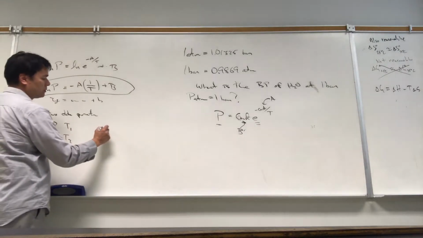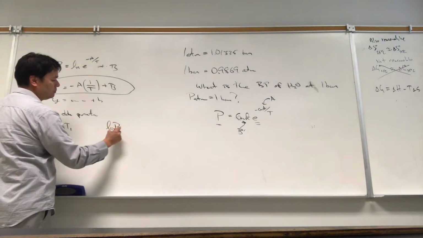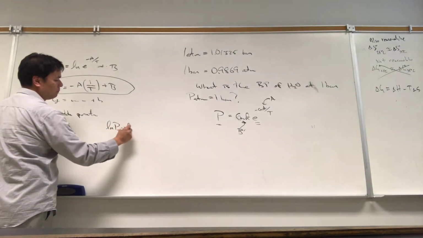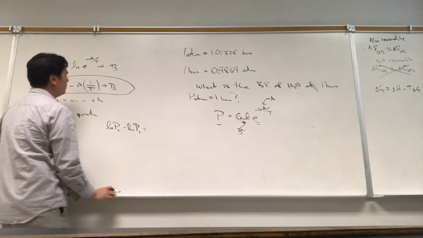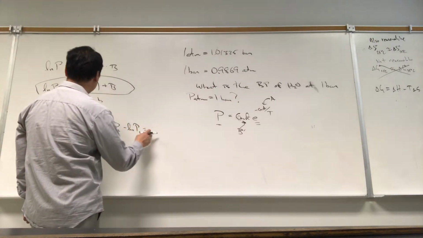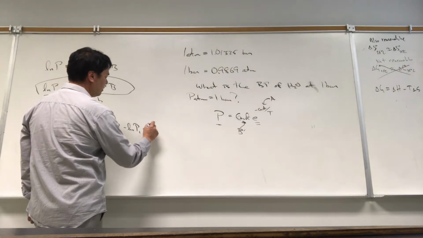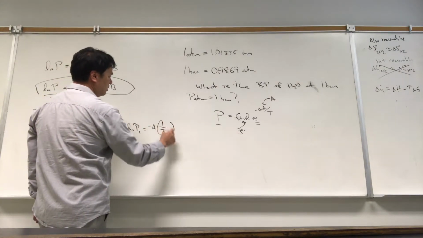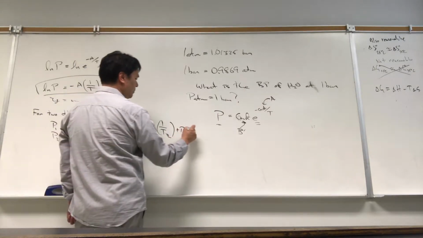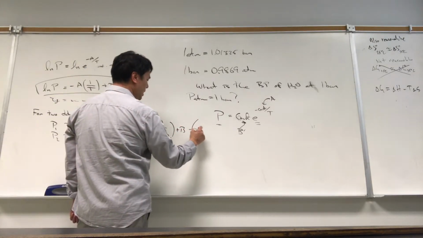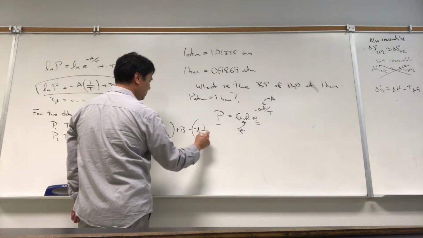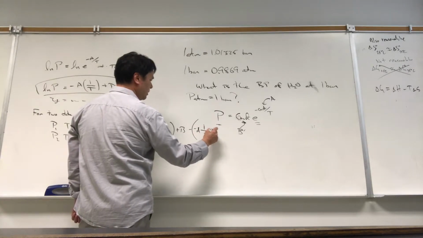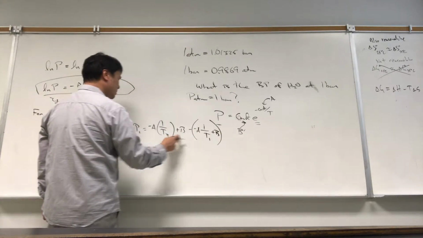We take ln of P2 minus ln of P1, which equals minus A over T2 plus B, minus, parentheses, minus A over T1 plus B. A and B are the same in both, and the B's cancel out.